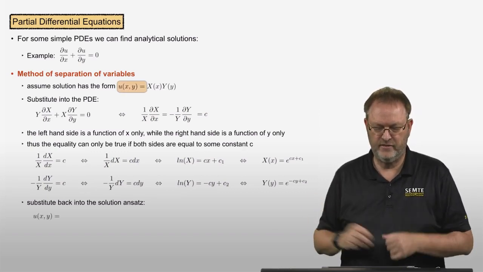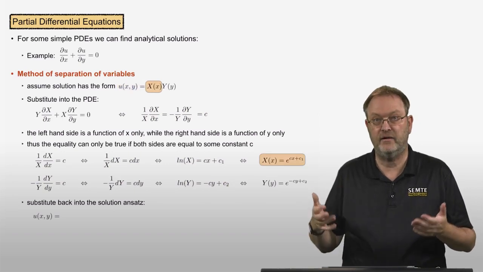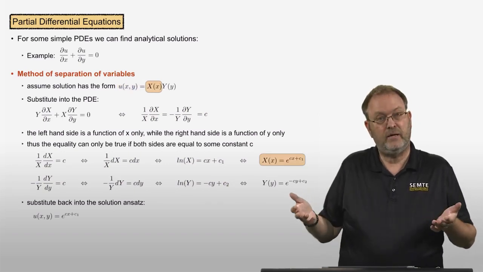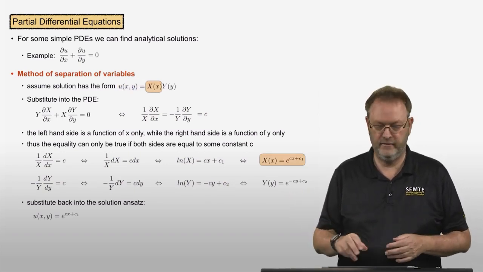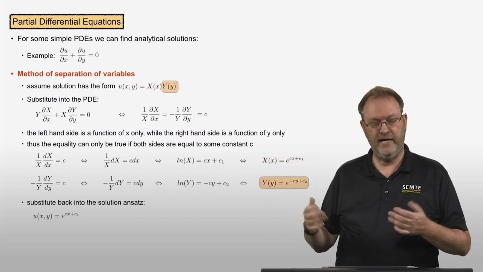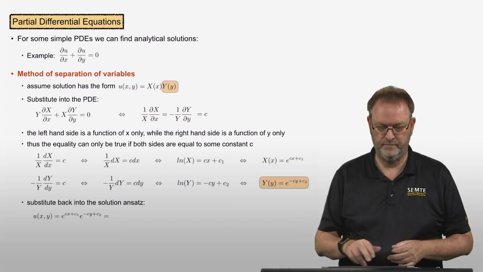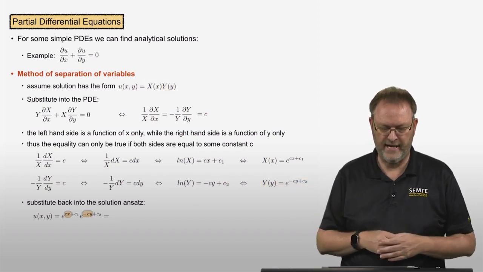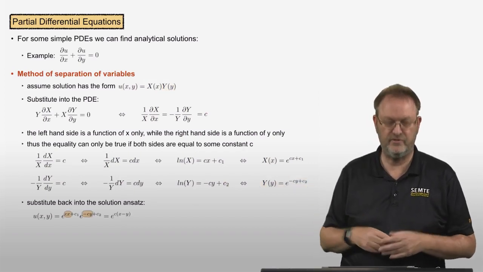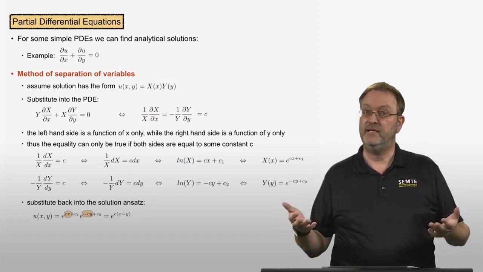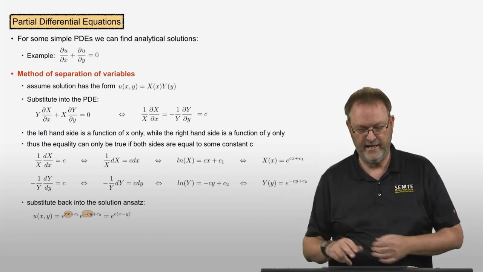So u of x and y is therefore equal to X of x, which is e to the power cx plus c1, times Y of y, which was e to the power negative cy plus c2. And now I can combine these. I have the same c, so I have e to the power c times x minus y.